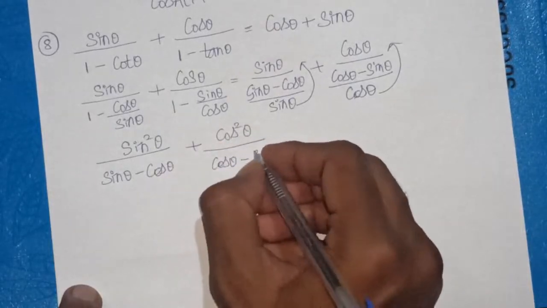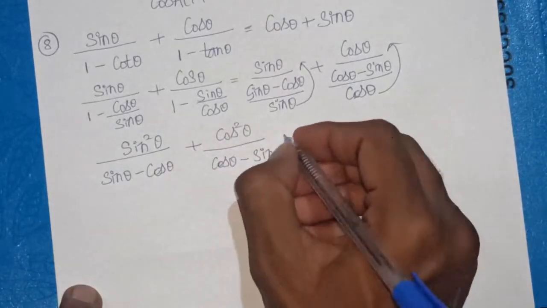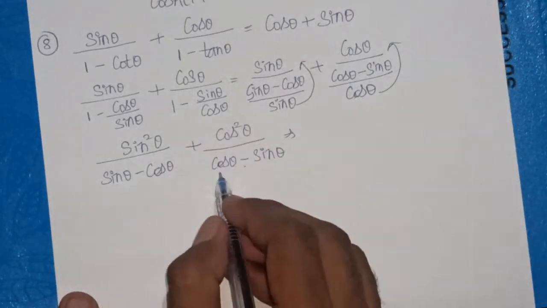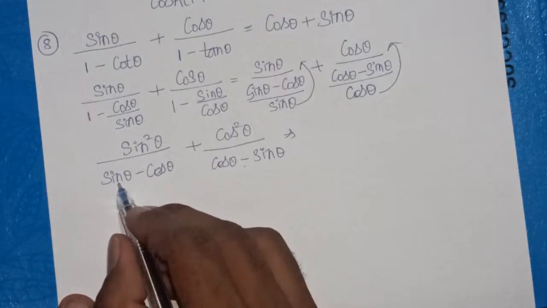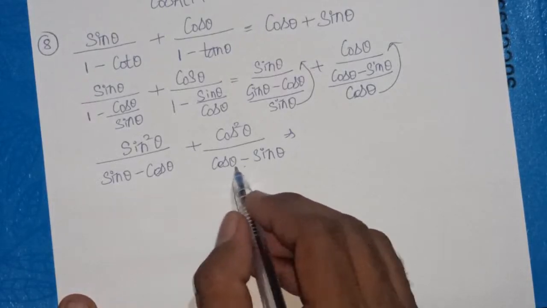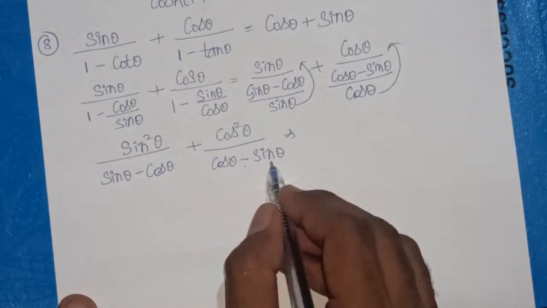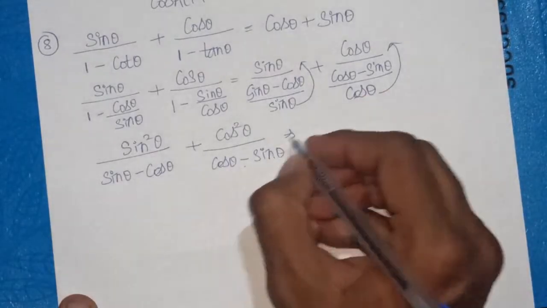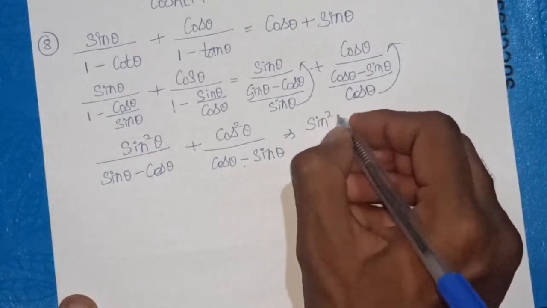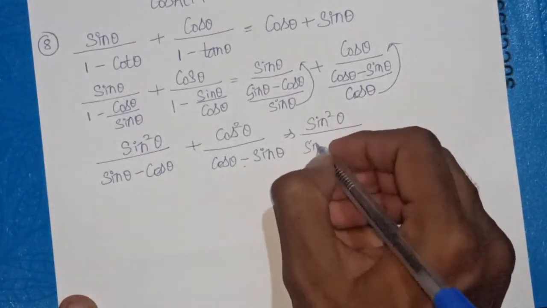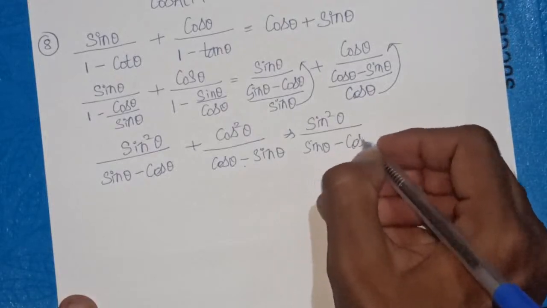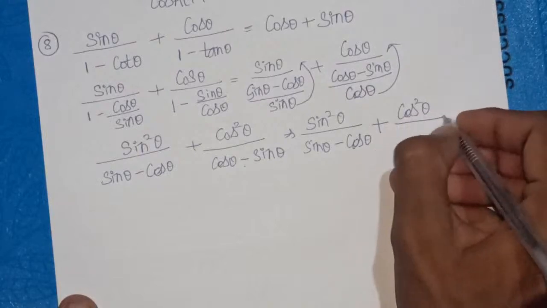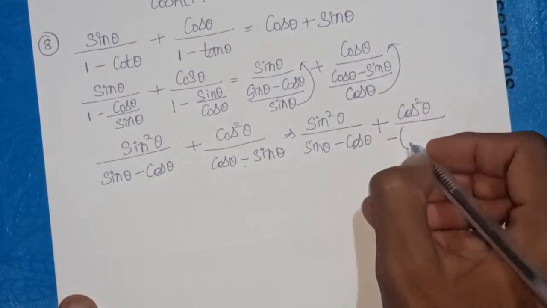cos theta minus sin theta. Whenever we want to take LCM for these two, we need to make the denominators common. Therefore, in the first term, we have sin theta minus cos theta, and second term we have cos theta minus sin theta. We need to convert second term in the form of first term by taking minus as common here. Therefore, sin square theta by sin theta minus cos theta plus cos square theta divided by, here we are taking minus as common.